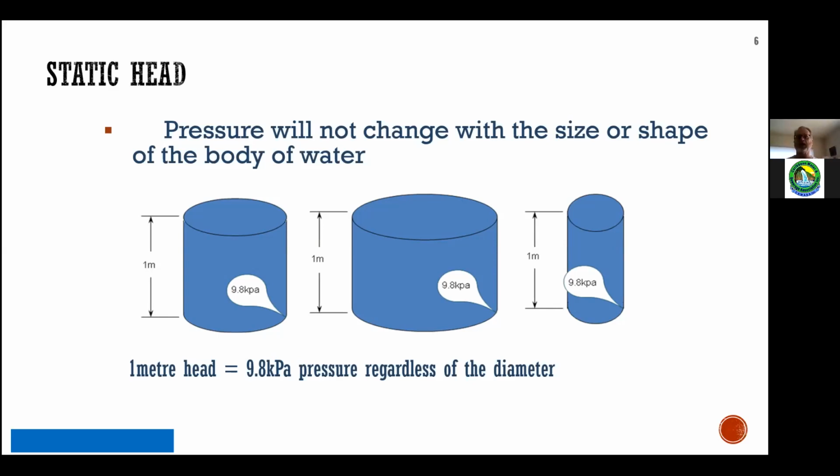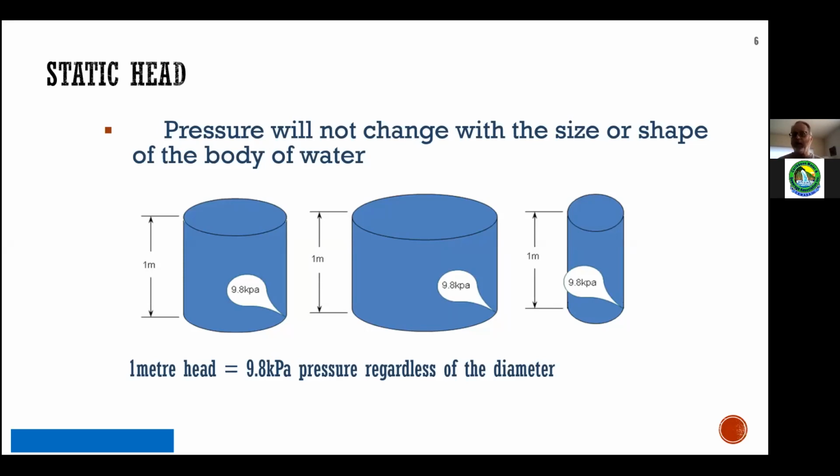Now, we may want the larger reservoir that you see in the middle of the slide for very good supply reasons, right? The community, the number of connections, the demand on the water system is such that we need more water. But more water is not related to head or pressure.